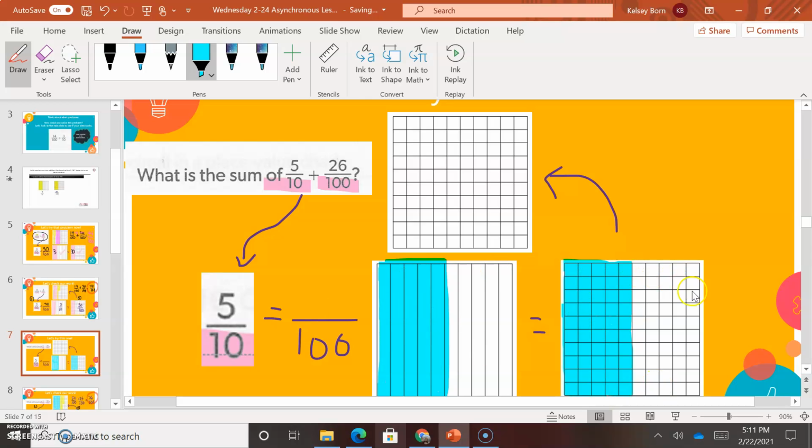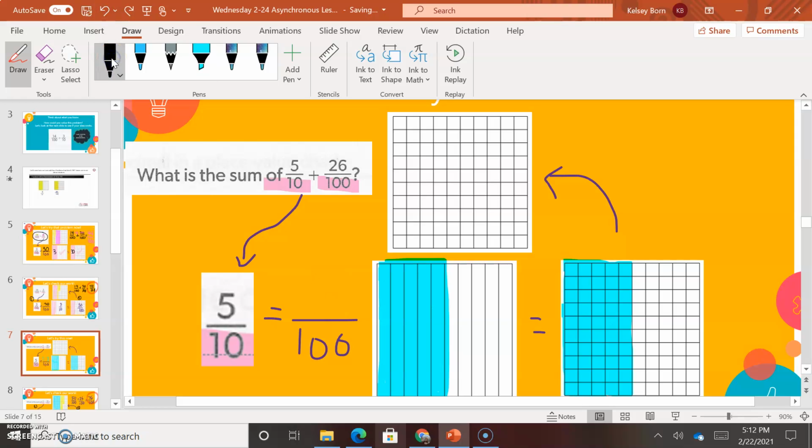So I want to see out of all these 100 pieces, how many are actually shaded. I'm just going to count by 10. So 10, 20, 30, 40, and 50. So I know that 5/10 is the same as 50 hundredths, and that looks horrible.